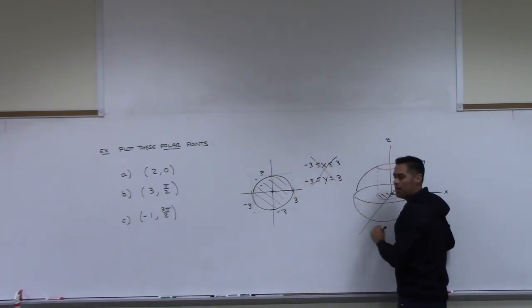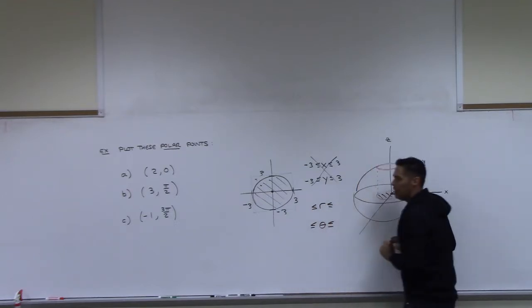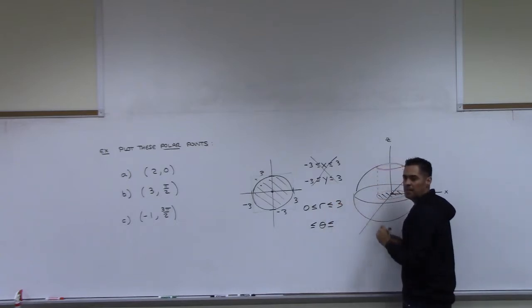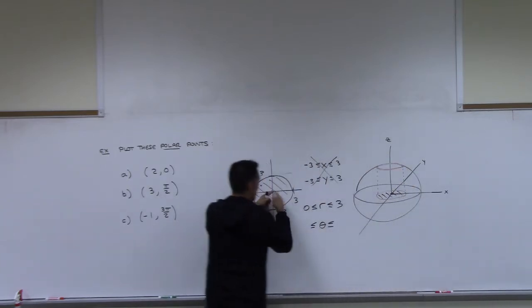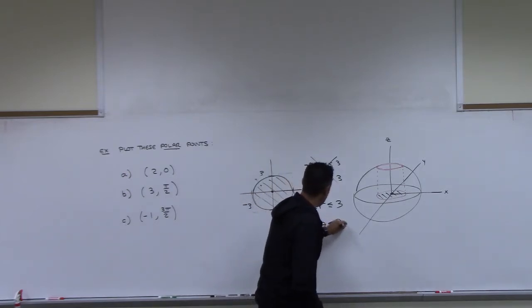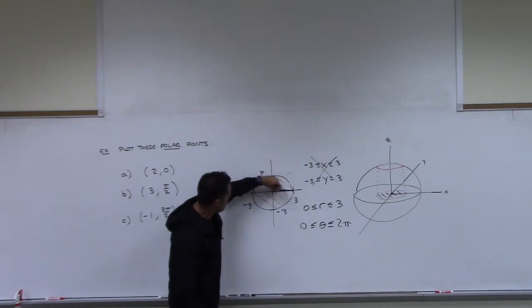Cartesian falls apart here, but if I do r and theta instead, polar, then if I say my radius is going to be between 0 and 3, that means I can only walk out that far, right? But then my angle is between 0 and 2 pi. Then I can start here, walk out like that, back and forth.